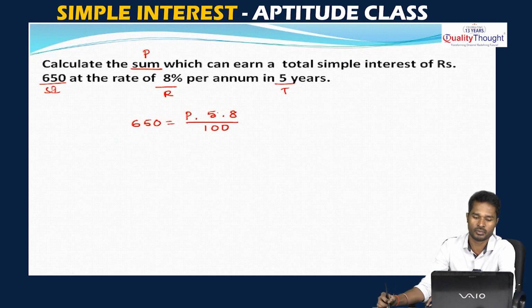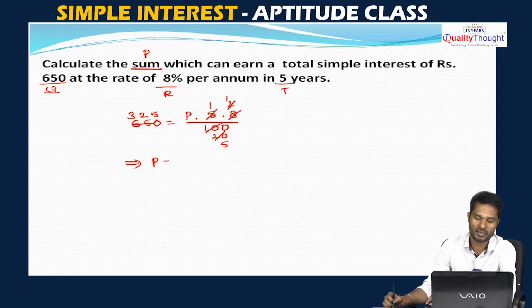Just substitute there and you will get the answer. 5 ones are 5, 20s are 4 2s are 4 5s are... Now before calculating the principal amount we will divide by 2. 2 3s are 600, 2 25s are 50, it is 325 into 2 is 650.